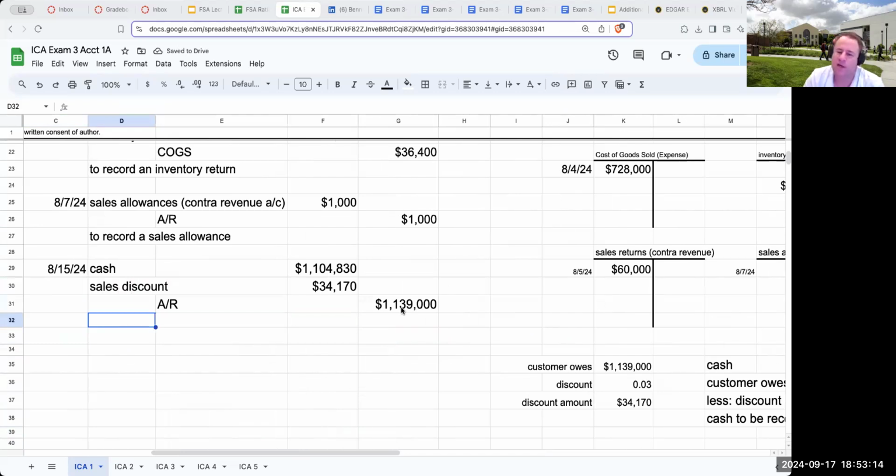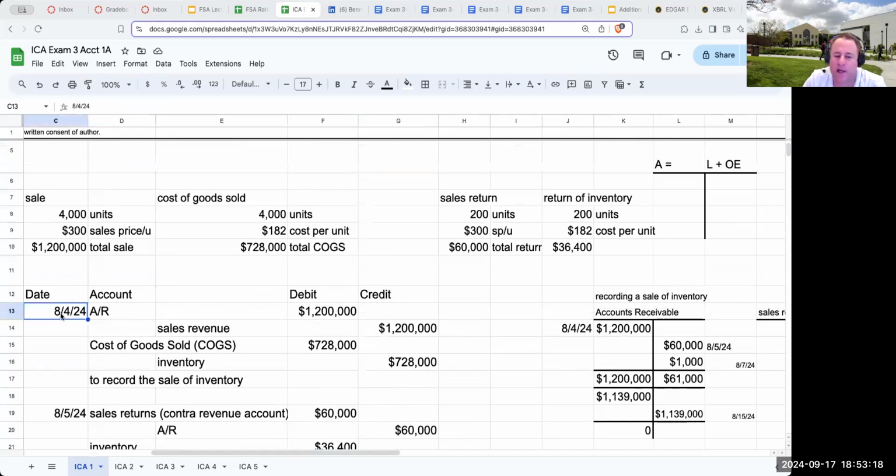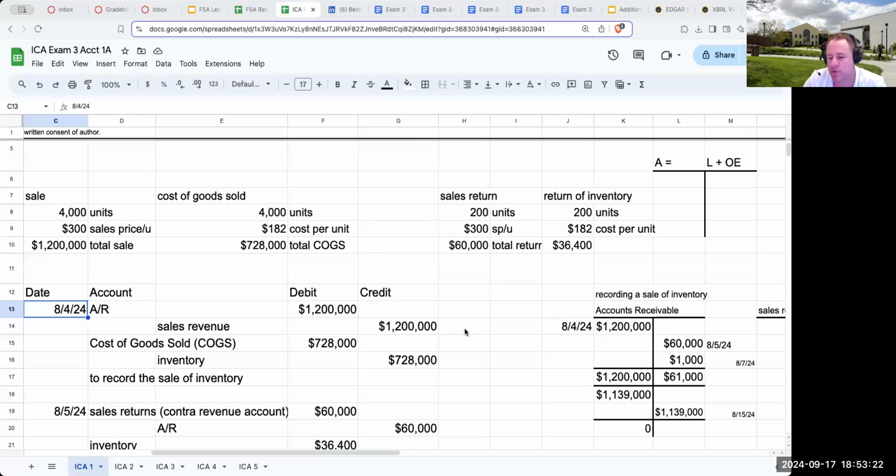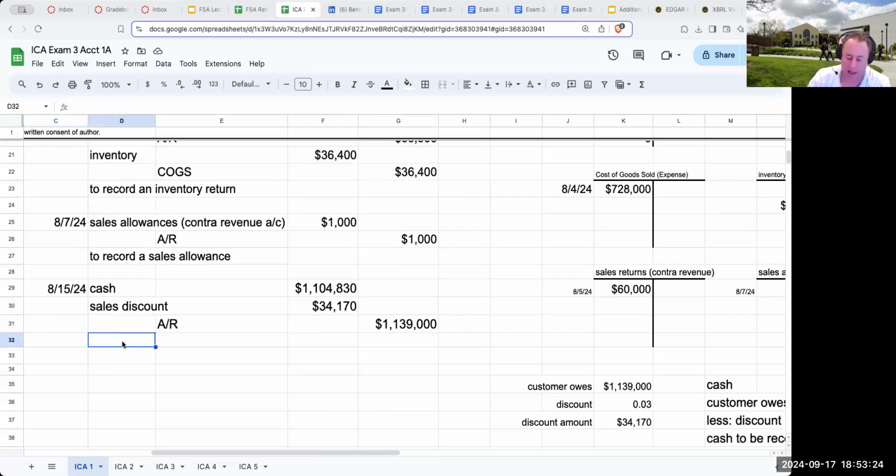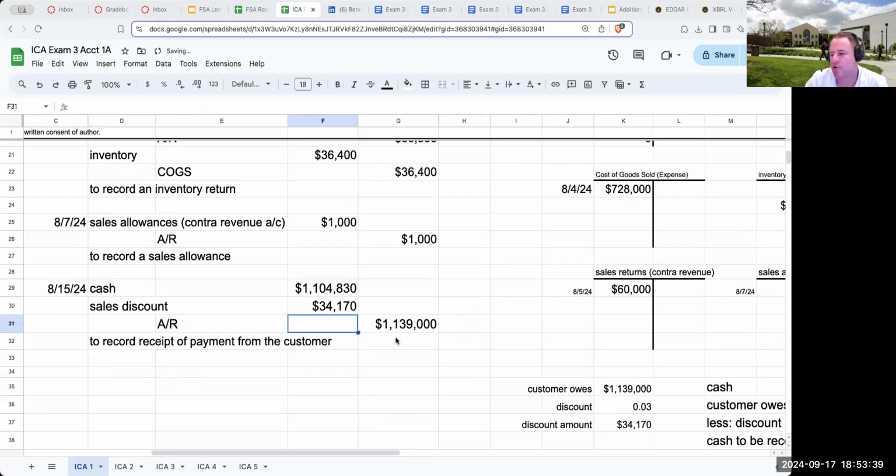Once I do this, because the customer paid within 15 days of when they got the goods, that's the whole net 315, net 45. So then I can say to record receipt of payment from the customer. Okay. So that's how we prepare journal entries.